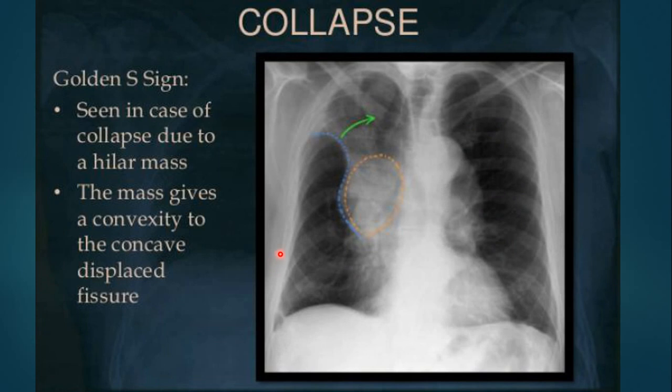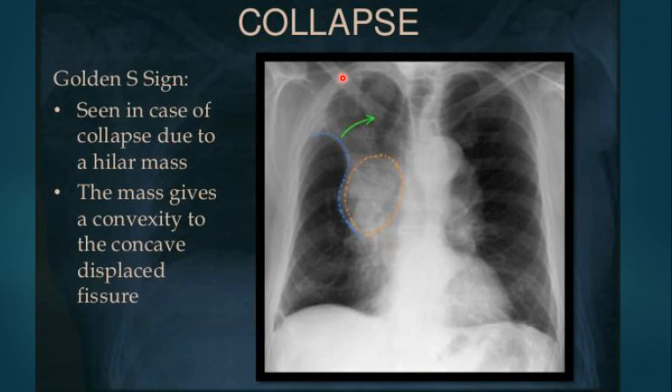Again, there is another sign that is seen in cases of collapse, called the golden S sign. The golden S sign is seen in cases of collapse due to a hilar mass, most commonly on the right side. The right hilar mass will cause occlusion of the right upper lobe bronchus, and this will result in collapse and volume loss of the right upper lung lobe.